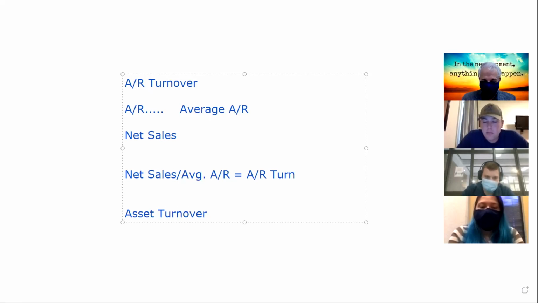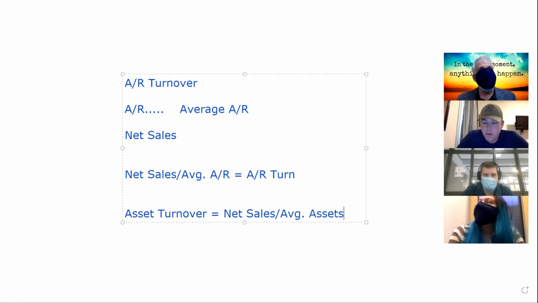That one is also net sales over average assets. These are not as intuitively obvious, although if you think about them, I expect you to memorize these. I expect you to know them. You're going to use them in finance, and you're going to use them throughout your business career. And so you should be able to recall these things.